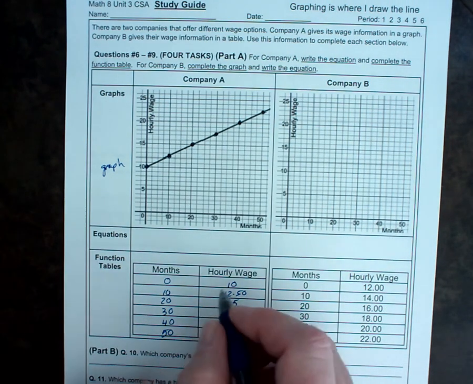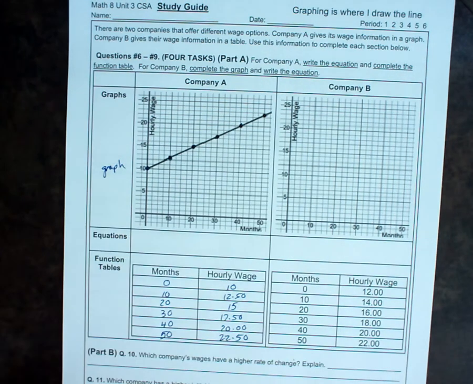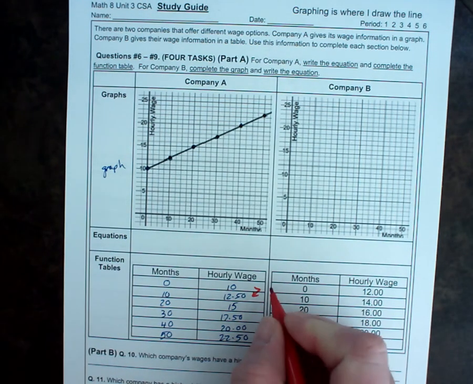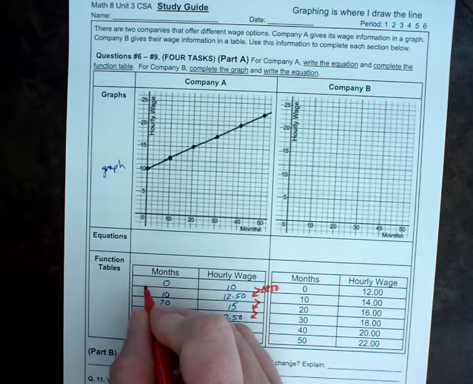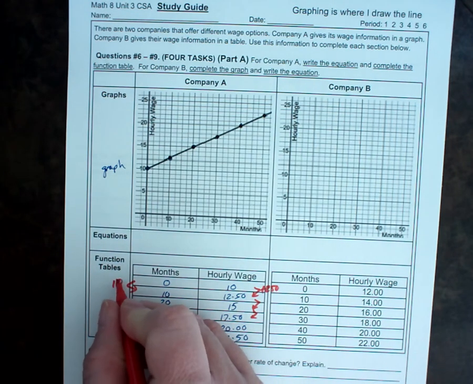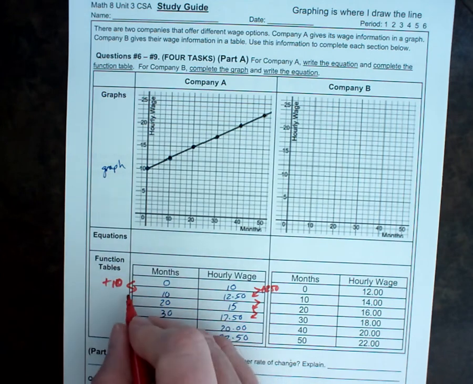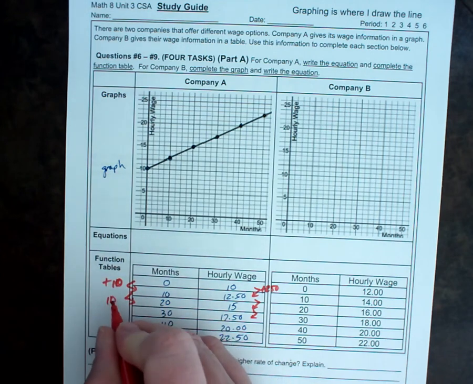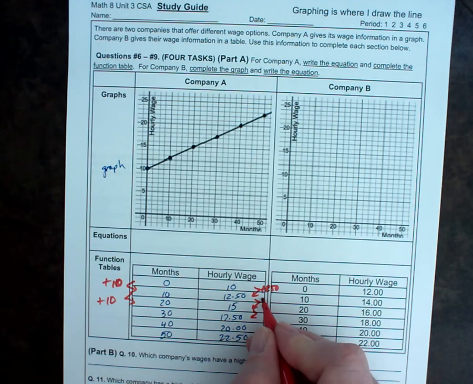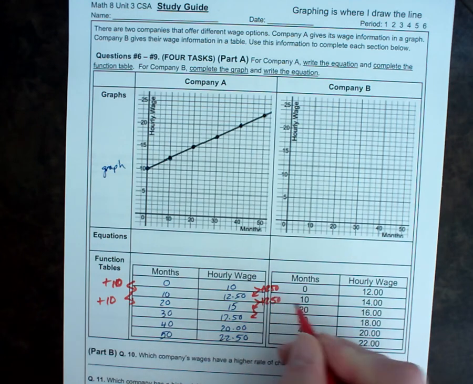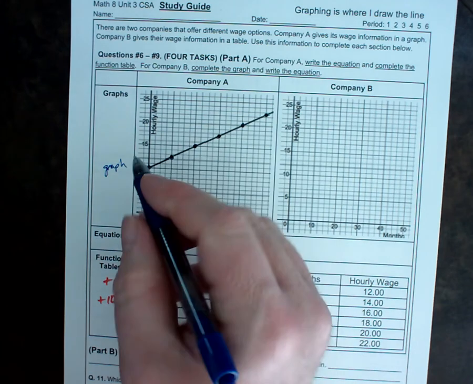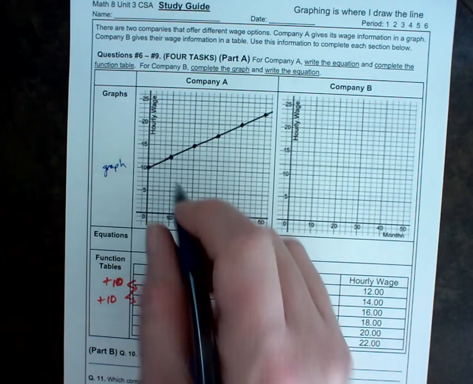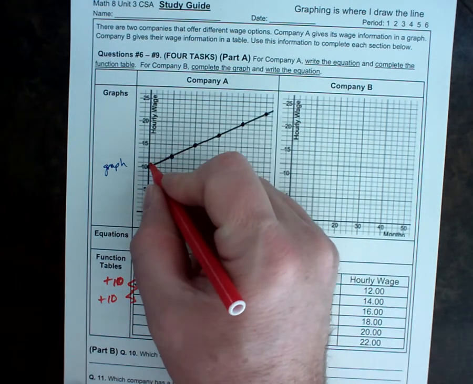So we know the change every time. There's two ways to do the equation. Here we have our graph. The other way you could do it is just check the rise and the run.